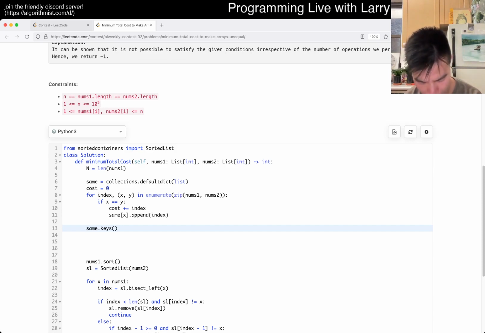Okay, so in that case, I guess I do need index. Okay, I think maybe I got the idea.